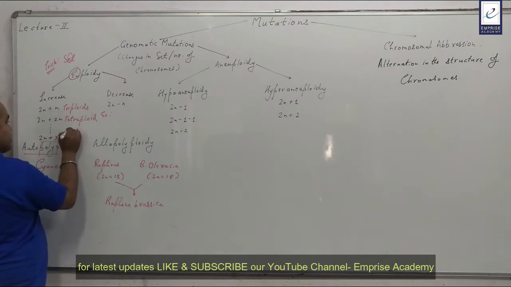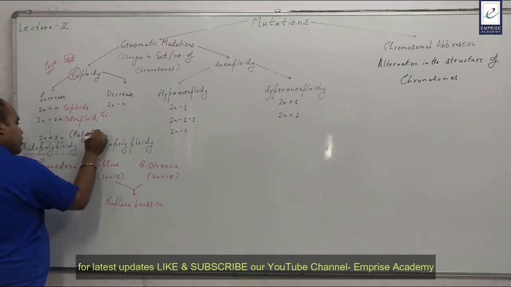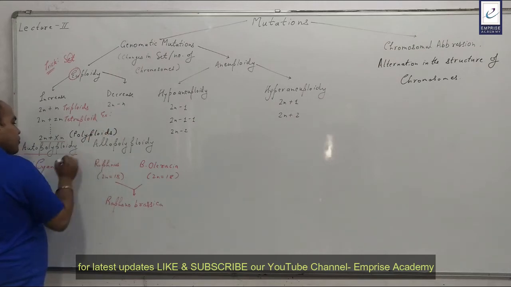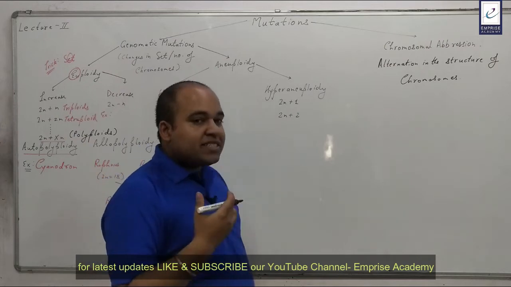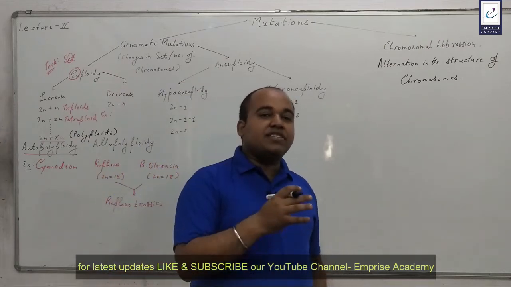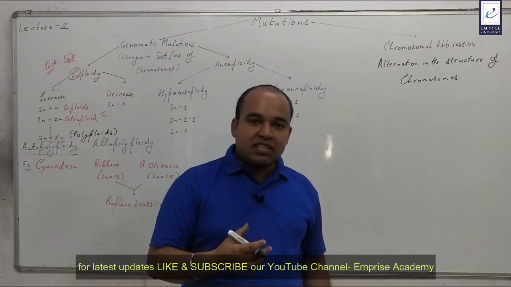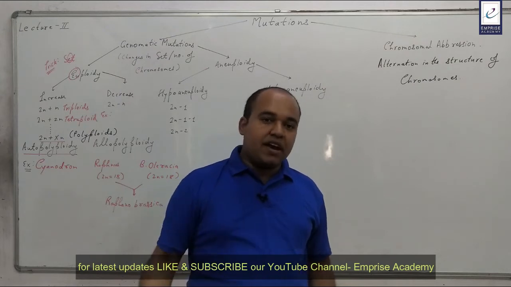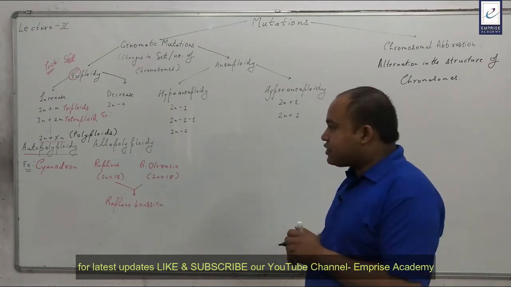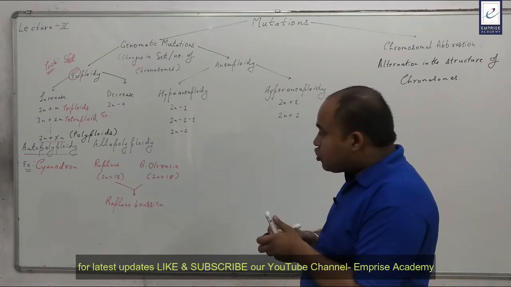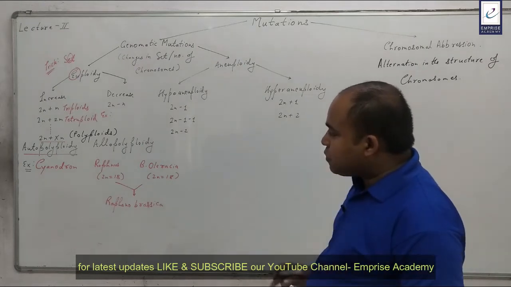Such organisms are referred to as polyploids. Polyploids have n number of chromosomal sets increased within their genetic material. So you can write here 2n plus xn refers to polyploids.